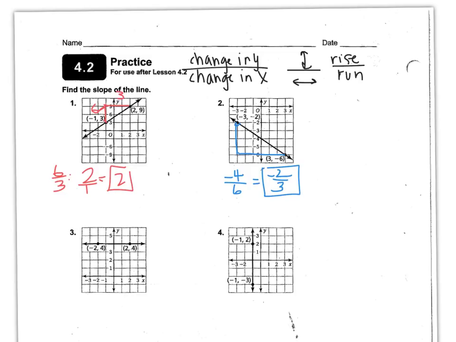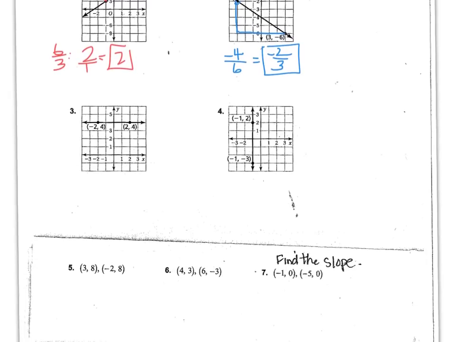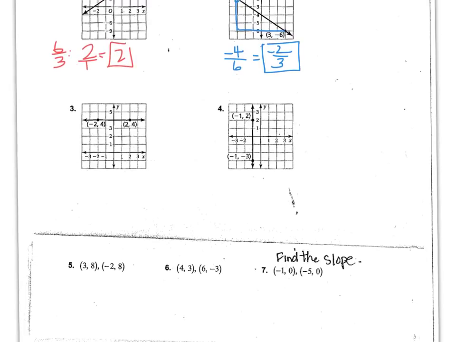All right, let's check out numbers 3 and 4. Now, number 3 is a horizontal line. And if you don't remember what horizontal lines have a slope of, let's just review. So I'm going to start at this point right here. And I don't actually have to move up and down at all, because all I have to do is move to the right 4.